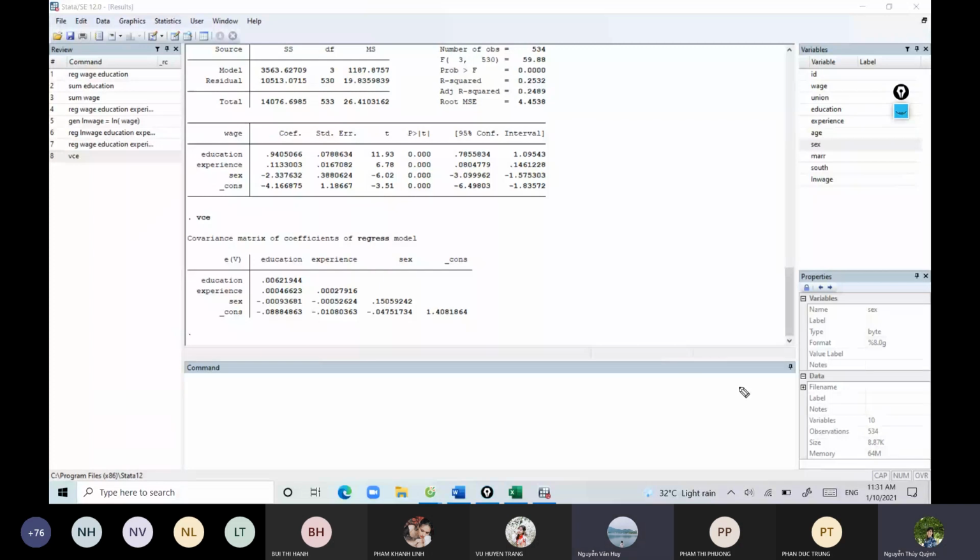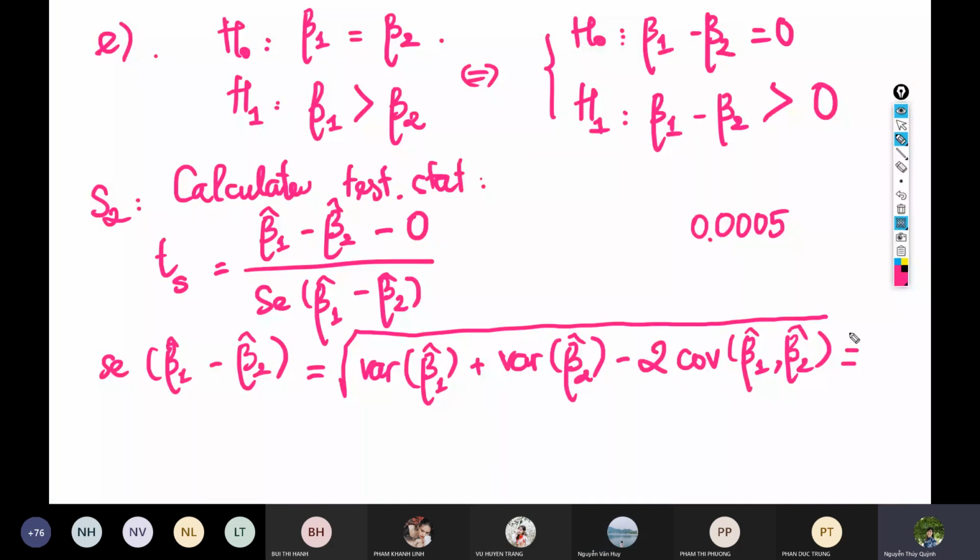Yes. So 0.074 is the standard error. Is it? Yes. Okay, so now replace it here.